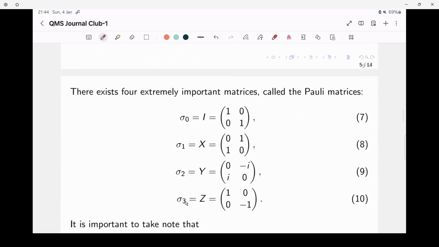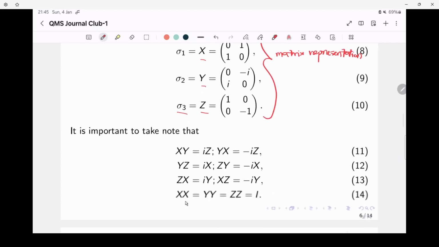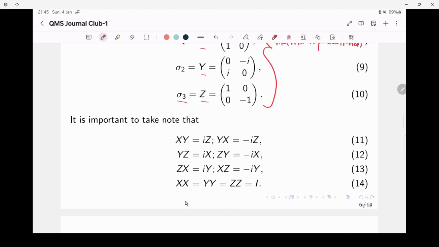We also know that we have these 4 very important matrices called the Pauli matrices. Usually the notation is sigma 0 until sigma 3, but I also use I, X, Y, and Z, and these are the matrix representations. What is more important is how they multiply together.